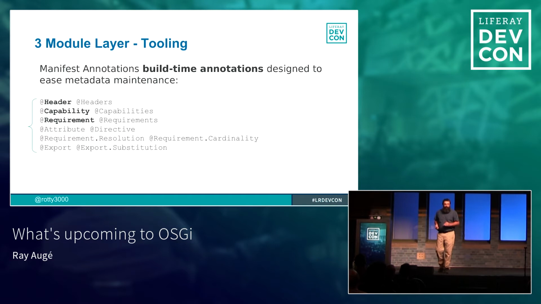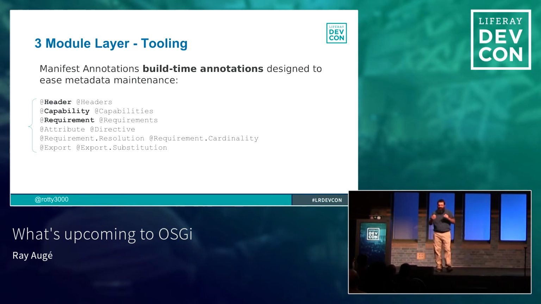Now, a really cool addition, and this is more for the tooling side of things, is a bunch of new build-time annotations, intended to be supported by tooling. Rather than encoding the information in a text file in the manifest, the developer encodes it directly in your Java classes and package files, and you can store the information there.